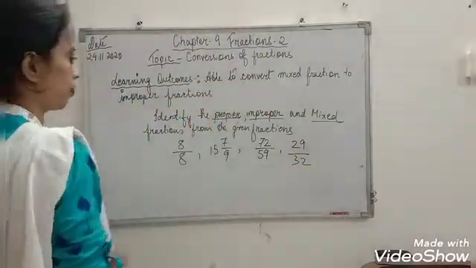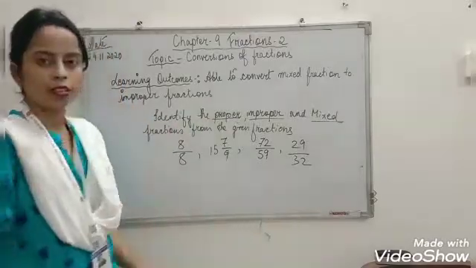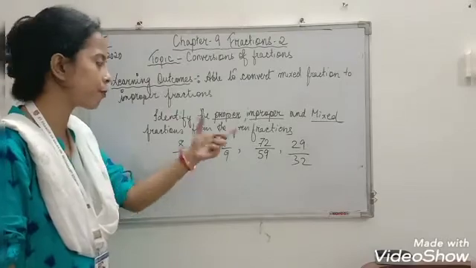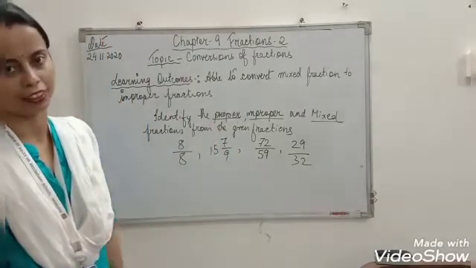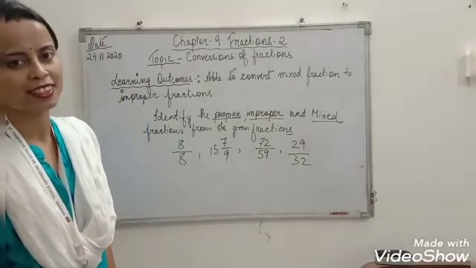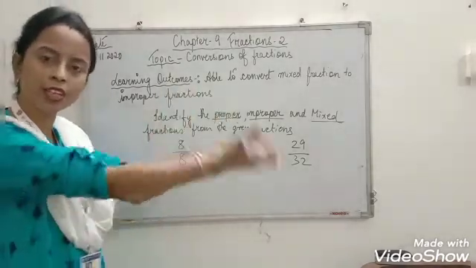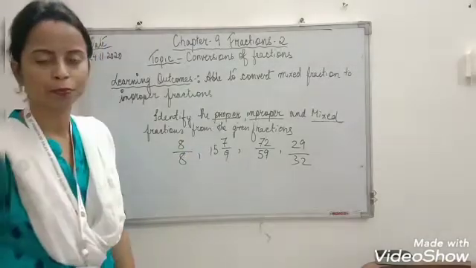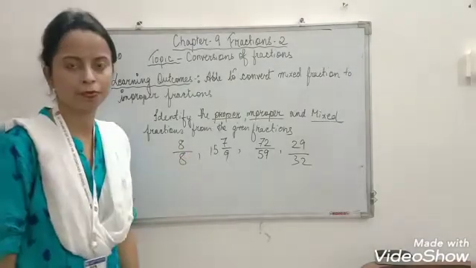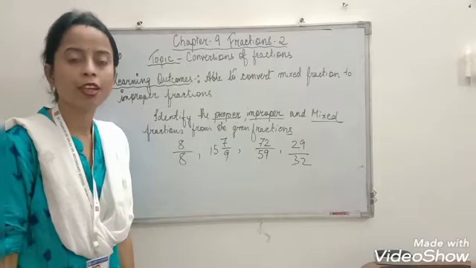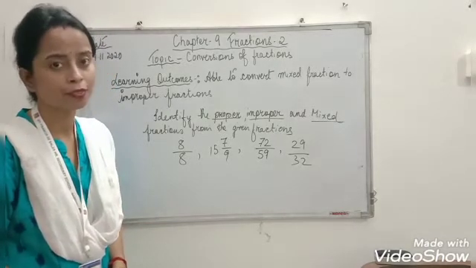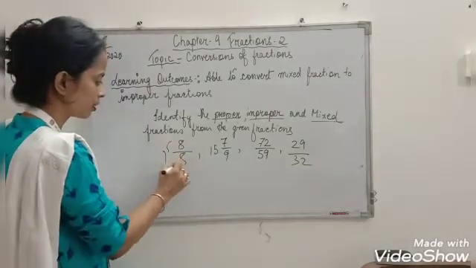Now children, tell me. Identify the proper fraction, improper fraction and mixed fraction from the given fractions, as we have already learned in our previous class. So first one, 8 by 8. It represents what?